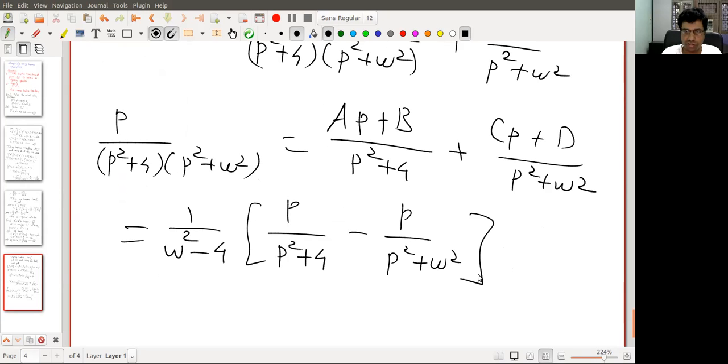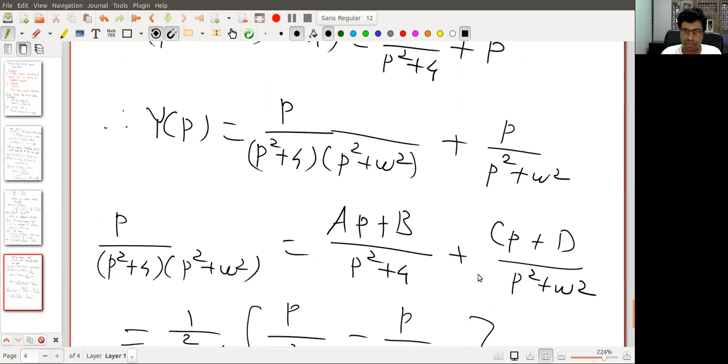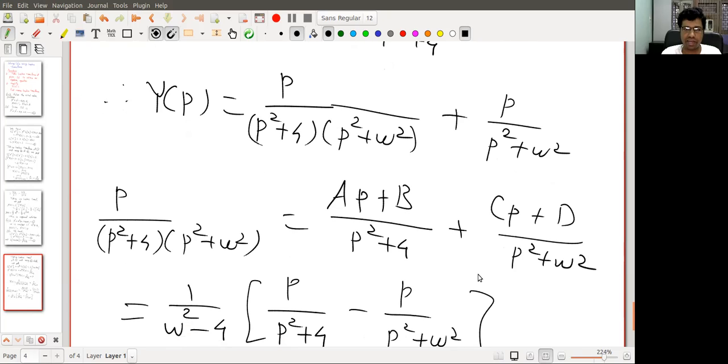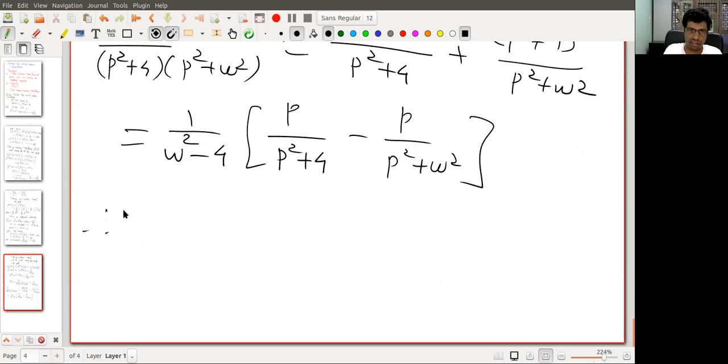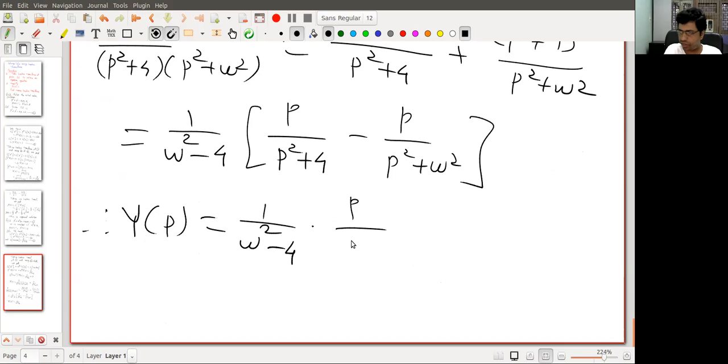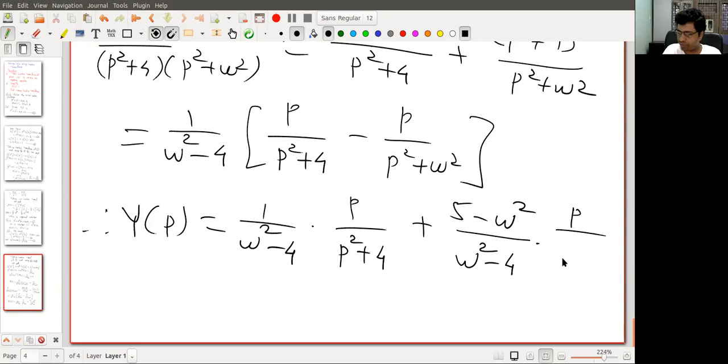So we substitute in the right hand side of capital Y of p, simplify again, and we write therefore Y of p equal to 1 upon omega square minus 4 into p divided by p square plus 4 plus 5 minus omega square divided by omega square minus 4 into p divided by p square plus omega square.